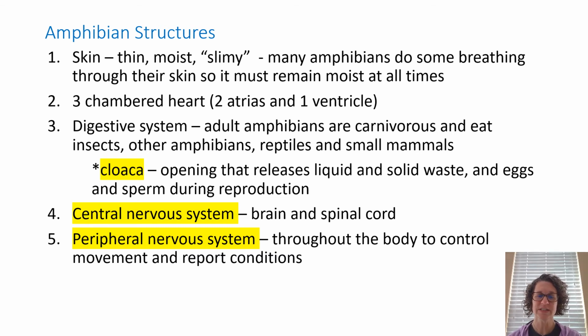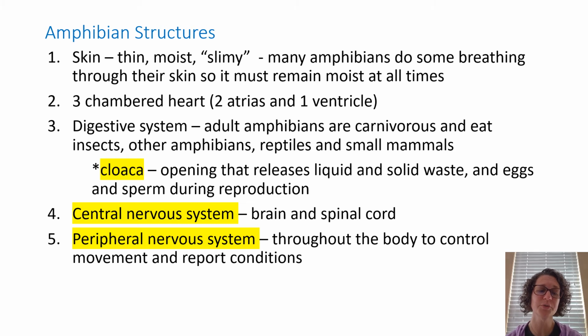Then their central nervous system, very advanced, as compared to things we've talked about before. They have a brain that has hemispheres and would look kind of like yours, but of course much smaller. And they do have a spinal cord, and that is the main source for interpreting information about their environments.